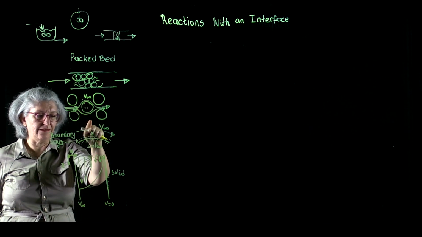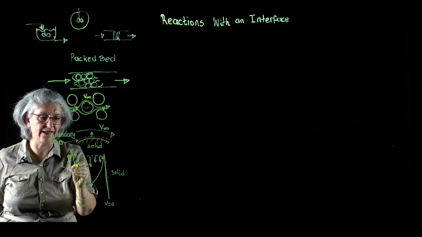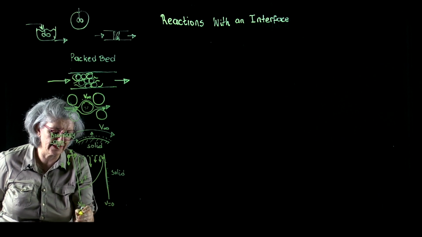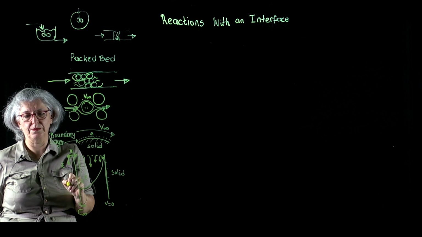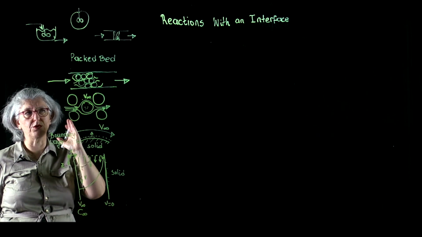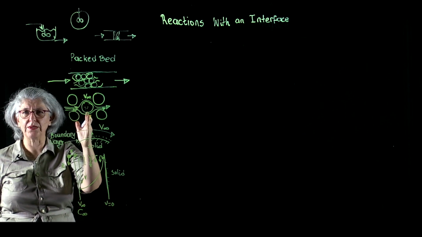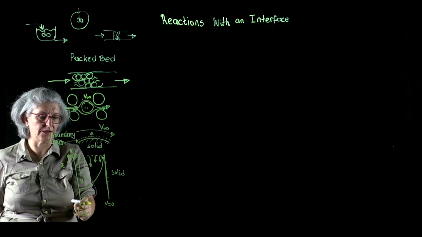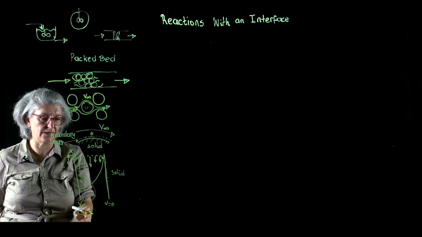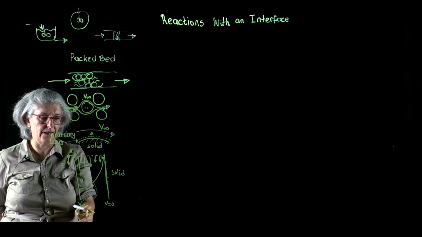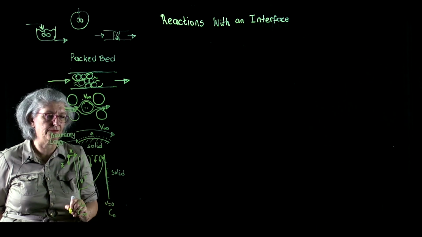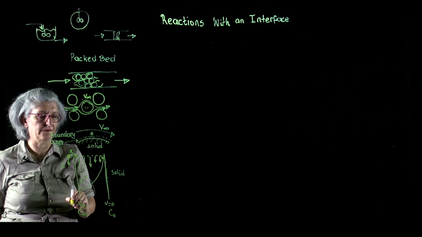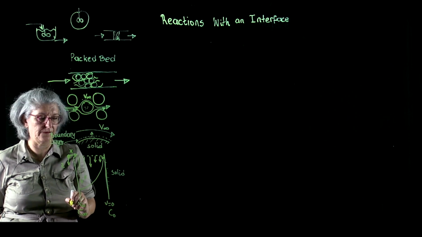As a result, here we have a C infinity of our solute. Bulk motion, bulk velocity, and bulk chemical composition, C infinity. And also we are going to have C0 at the boundary.